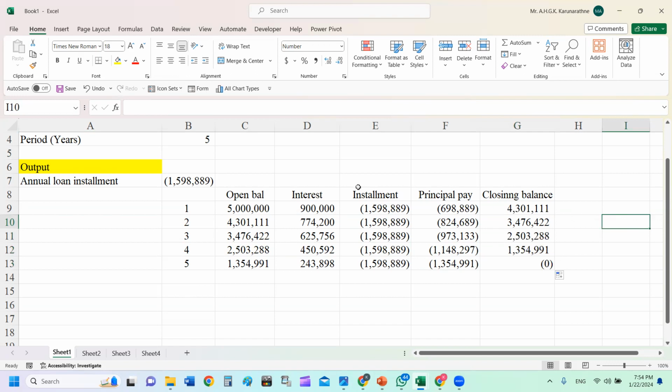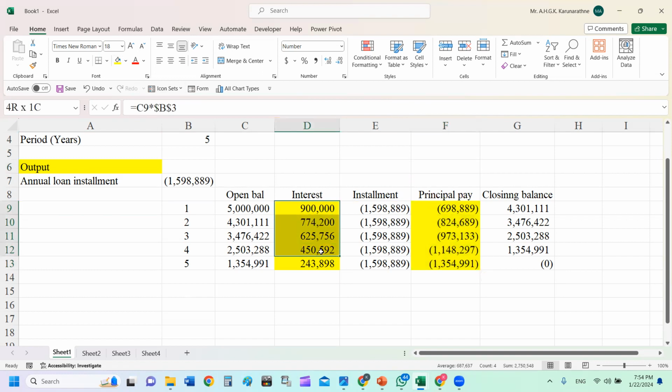We just used the PMT function to determine the installment, which is a bit difficult to do with a manual approach. But the interest payment we could easily compute using our usual Excel knowledge. Principal payment we could also easily compute using a simple formula, right?